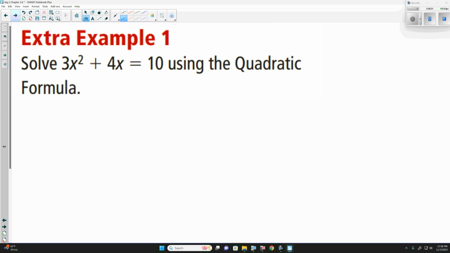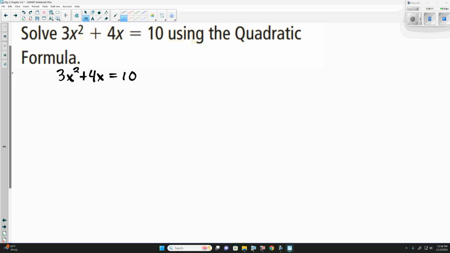3x squared plus 4x equals 10. So the first thing we need to do is get this equal to 0, how can we do that?